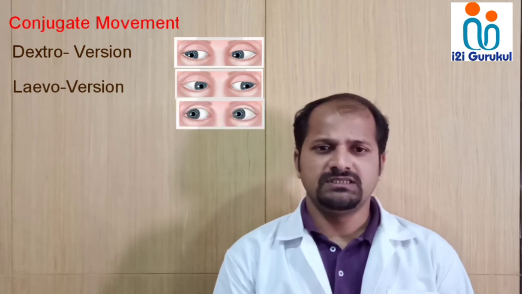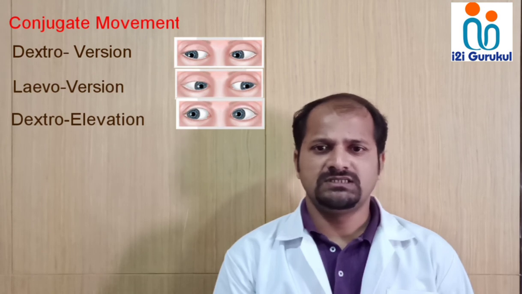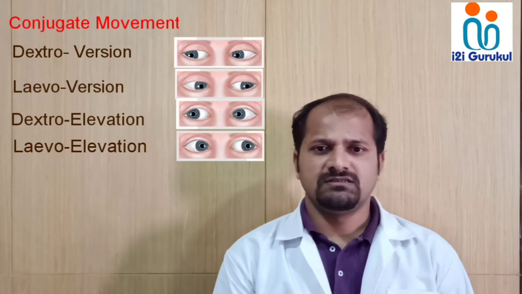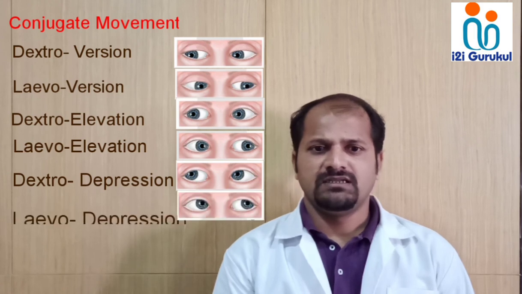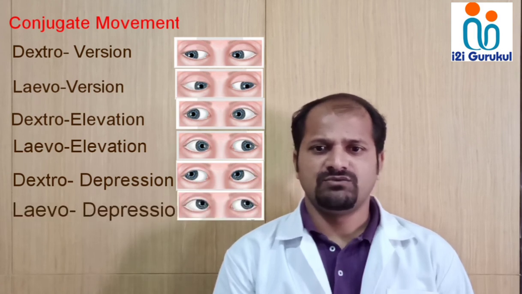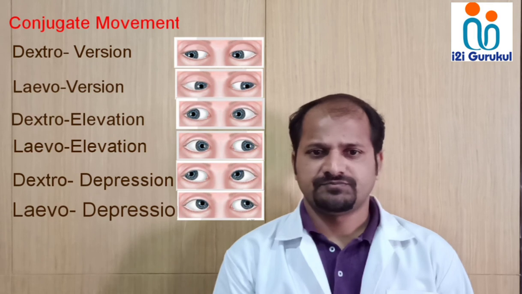The third is dextro elevation, which means it moves upwards and to the right side. And levo elevation, it moves upwards and to the left side. Dextro depression means downwards and to the right side, and levo depression means downwards and to the left side.